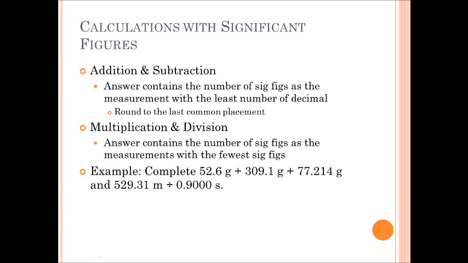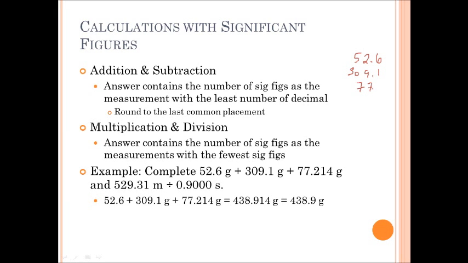So let's look at our first example down here. We're going to kind of jump ahead. This is 52.6 grams plus 309.1 grams plus 77.214 grams. A lot of times it helps if we write these vertically, so I'm going to write it vertically over here. 52.6, 309.1, 77.214.